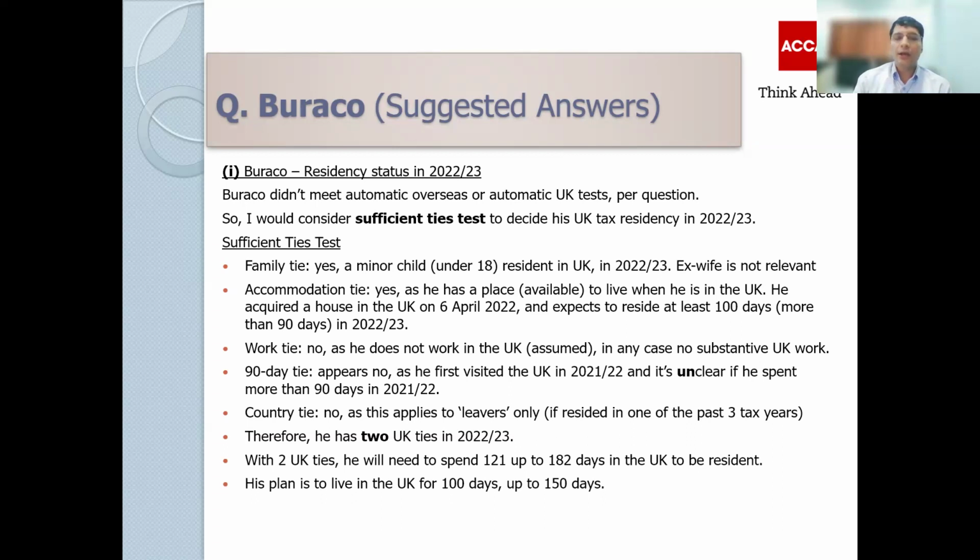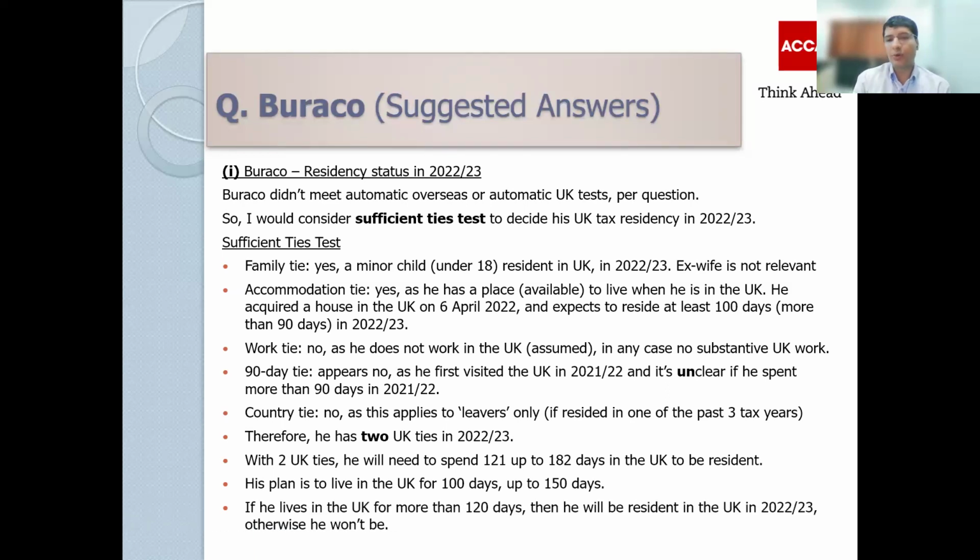So if he resides only up to 100 days or within 120 days, then he will not be resident. But if he chooses to live in the UK for more than 120 days, which is thinking up to 150 anyway, then if he goes over 120 days, then he will be resident. So in this question, the answer is conditional. If residing for less than 120 days, then he won't be. If residing more than 120 days, then he will be resident.